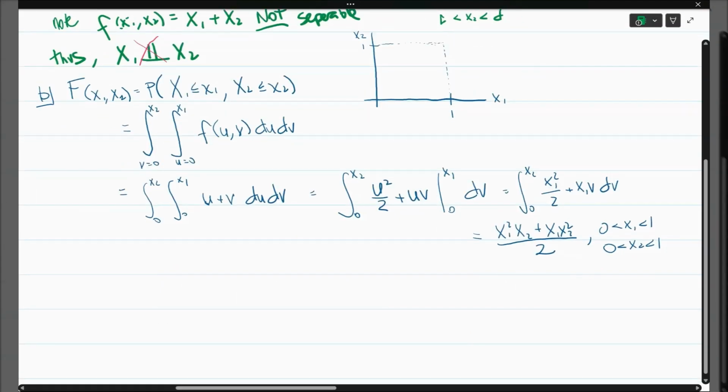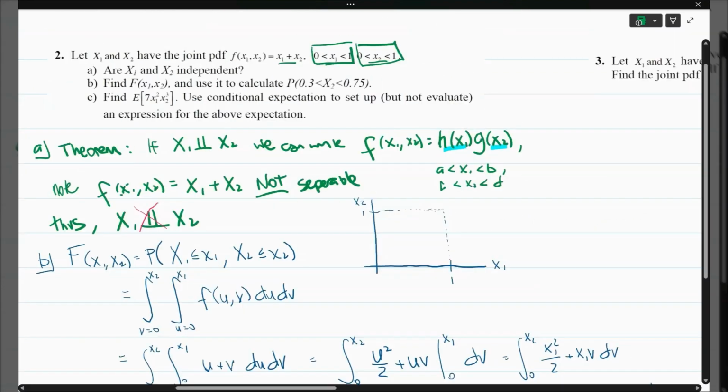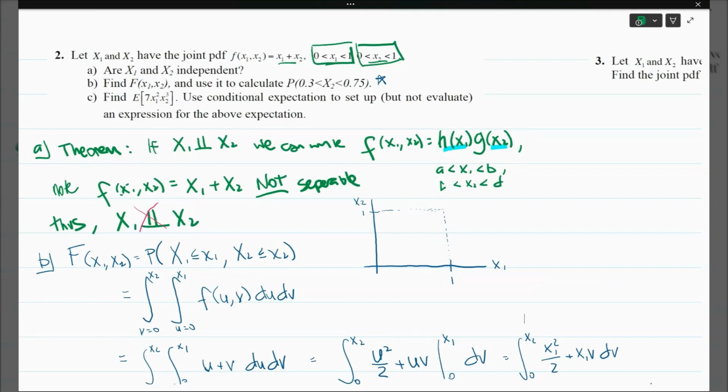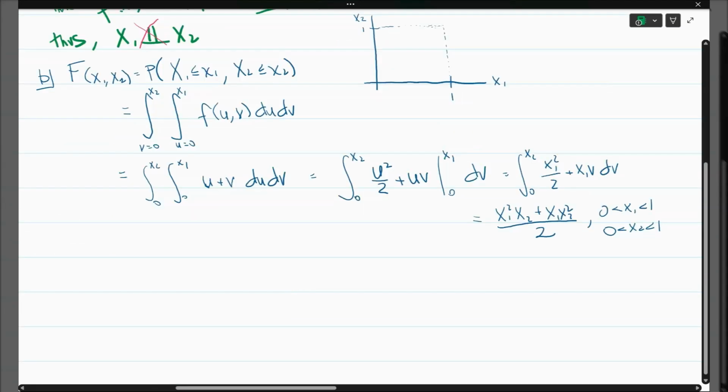And so this is going to allow us to calculate this quantity right here. Notice that quantity only deals with x2. So we're looking at the probability x2 is between 0.3 and 0.75.